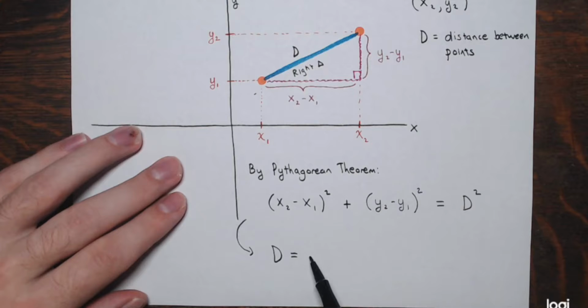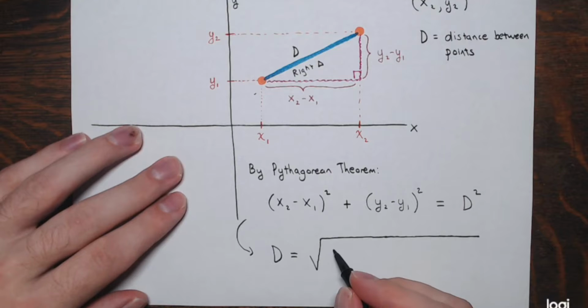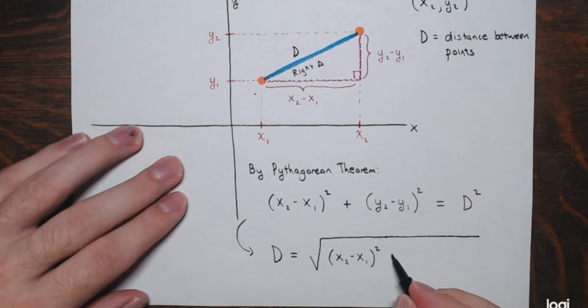Technically you should have plus or minus here, but because we're talking about lengths, I'm using the positive square root. And it's the square root of that one leg squared, x2 minus x1 squared, plus the y2 minus y1, that vertical leg squared.